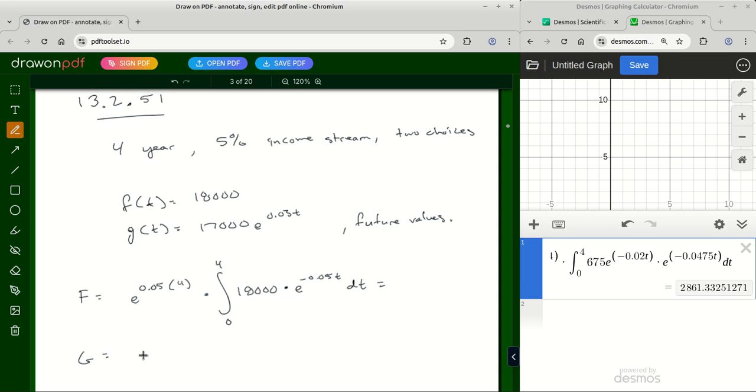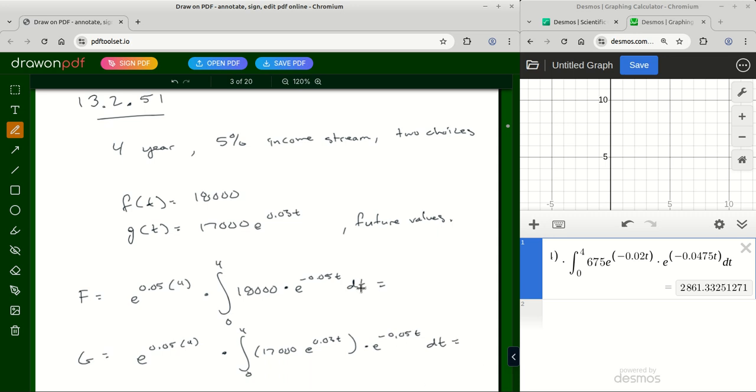That's supposed to be a little g. Now it's a capital G because you integrated. So now I've got e^0.05 times 4, integral 0 to 4 of 17,000 e to the 0.03t, all this times e to the negative 0.05t dt. And then we're going to find a number.